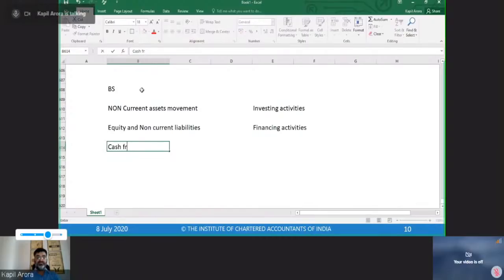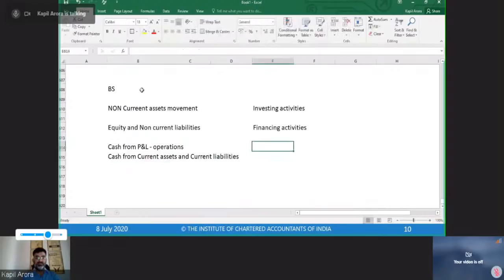Cash from the P&L, right? Generally, cash from the profit and loss account operations plus cash from working capital, which is current assets and current liabilities, will go to operating.